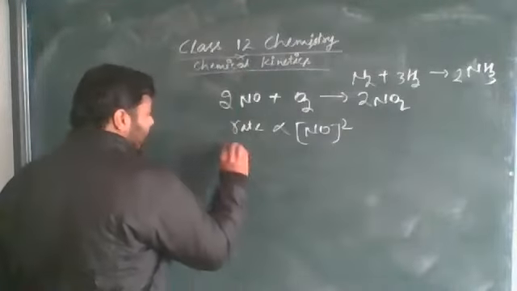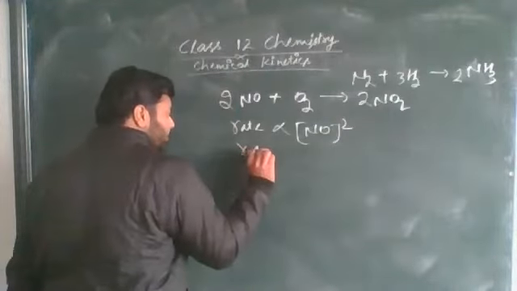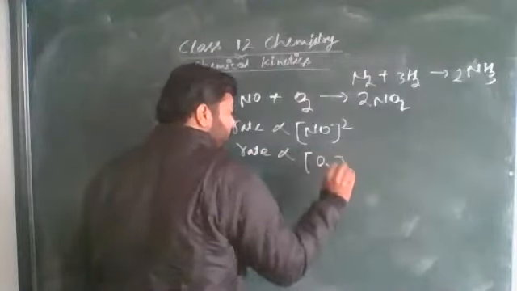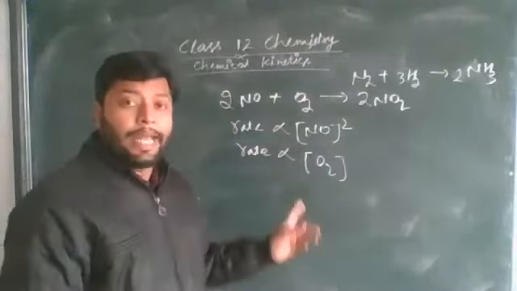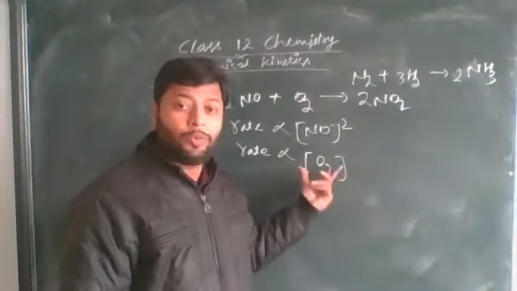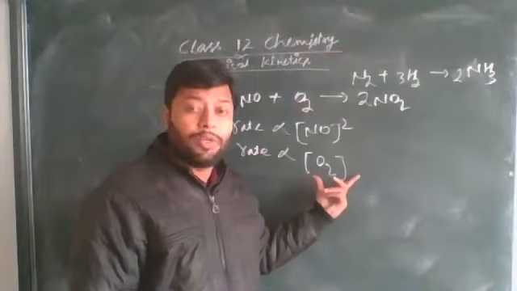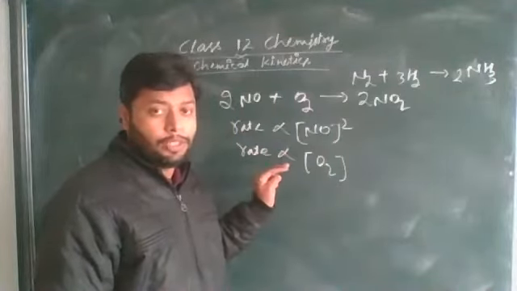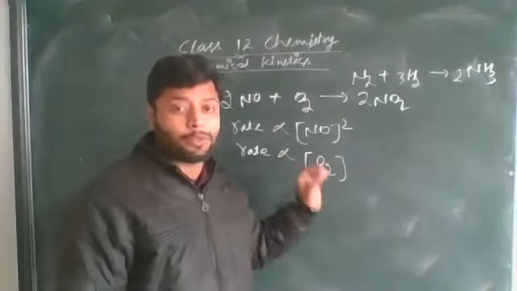It means the rate is directly proportional to the concentration of O2 to the power only 1, because when we double the concentration of O2, the rate of formation of NO2 is also doubled. So that is just directly proportional.